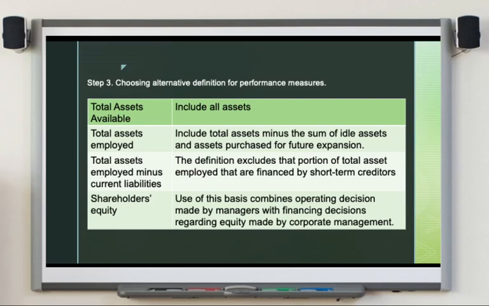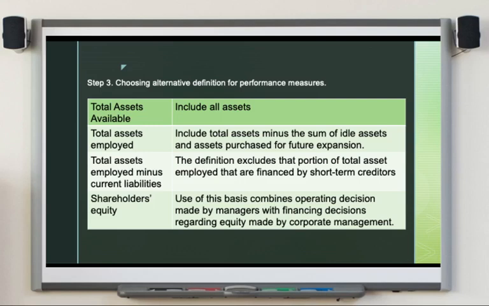Or if you opted to use return on sales or residual income, you need to properly and appropriately define the total assets or the total investment that you will use in determining the value of the performance.